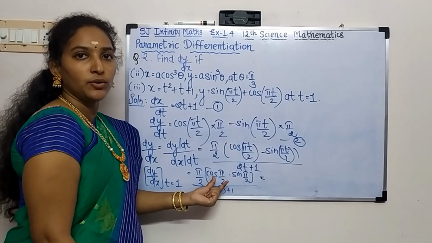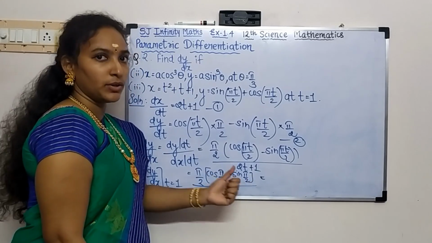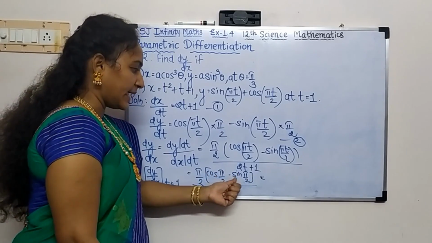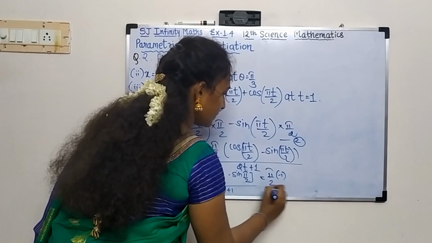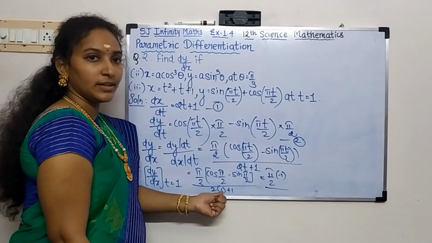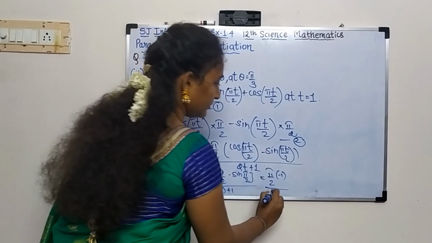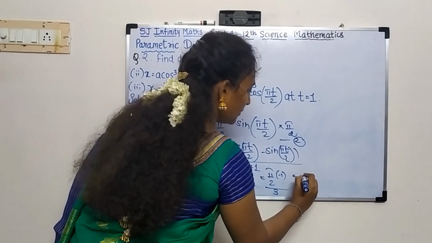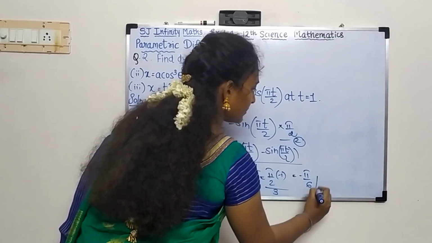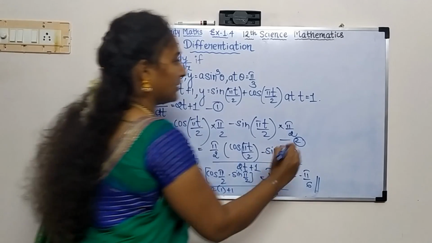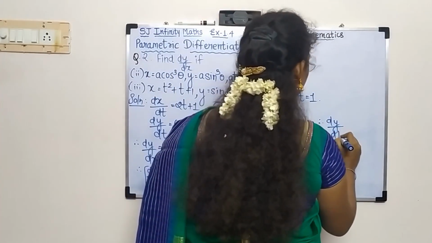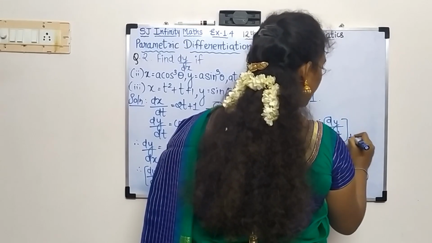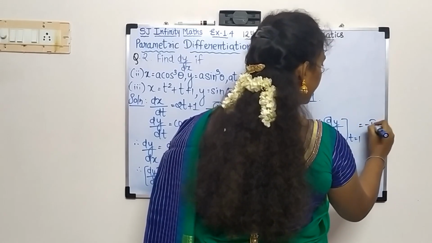See, cos pi by 2 is 0, sin pi by 2 is 1. So we will get minus 1 over here. Pi by 2 into minus 1 upon 2 ones are 2, 2 plus 1 is 3. So this is equal to minus pi by 6. Therefore, dy by dx at t equal to 1 is minus pi by 6.